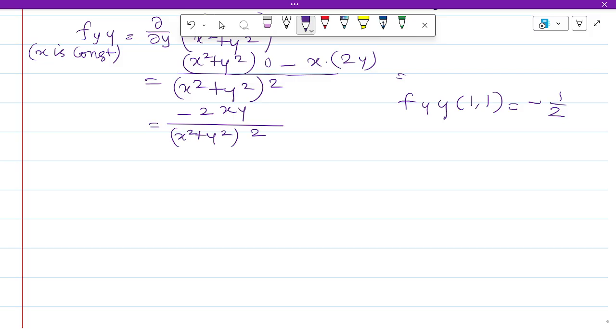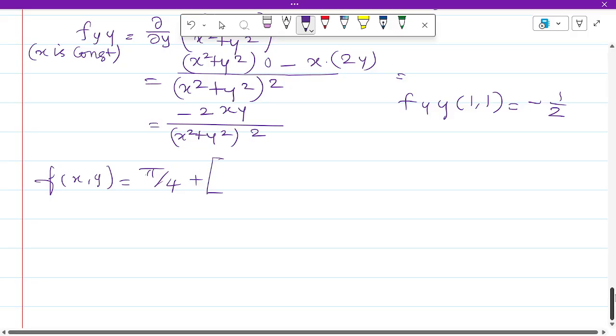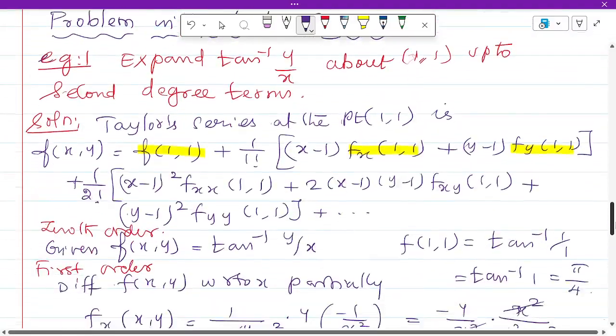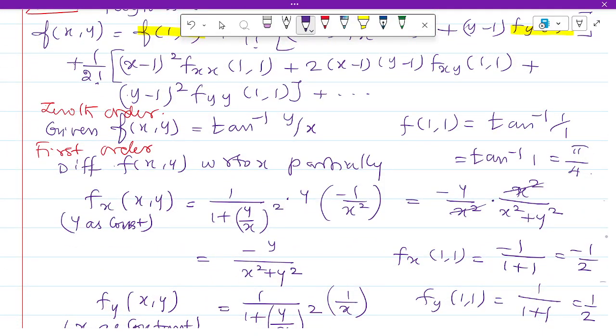So after finding all the values of zeroth order, first order and second order, you have to substitute all the values in the Taylor series formula. You know the Taylor series formula, f of x comma y equal to f of 1 comma 1. F of 1 comma 1 value is pi by 4 plus, for your quick reference, actually here you can draw some rectangle box for that important result. So here one important result is there, that is f of 1 comma 1. F of 1 comma 1 is pi by 4.